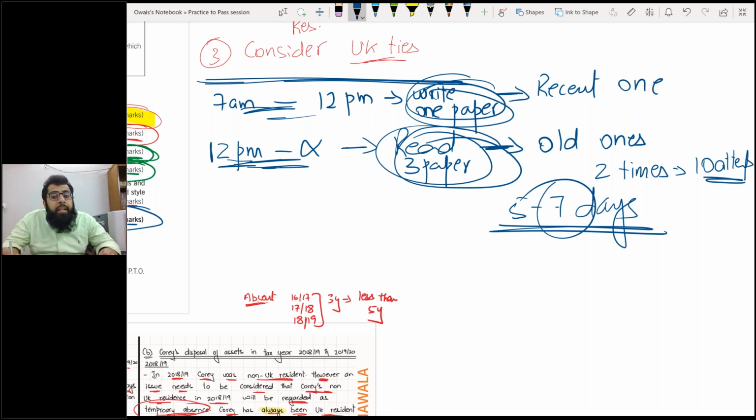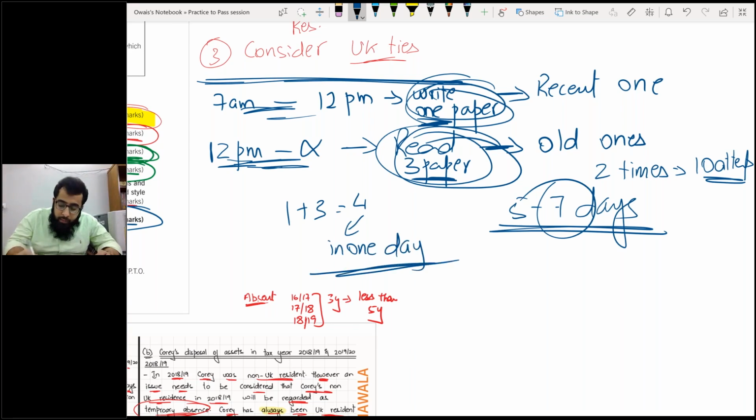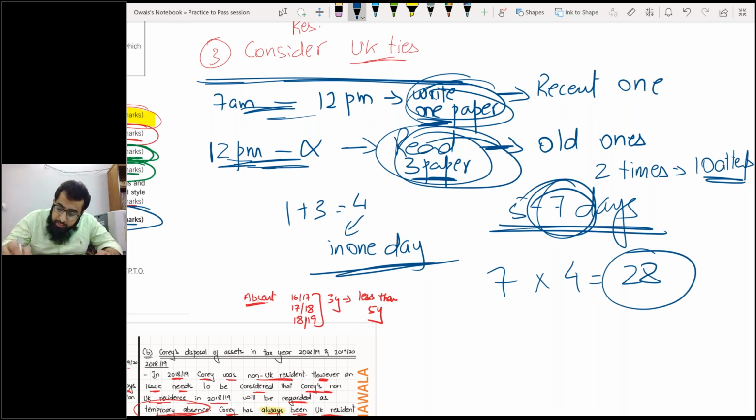Because you are writing 1 and reading 3, that means 1 plus 3, 4 in 1 day, and 7 days into 4 means 28. You just need to circulate in 10 attempts.